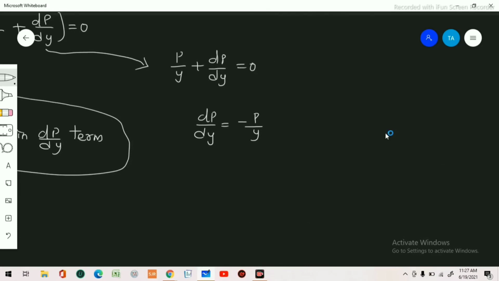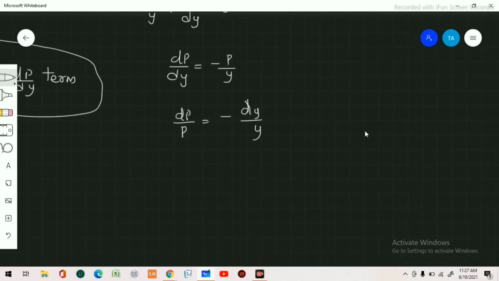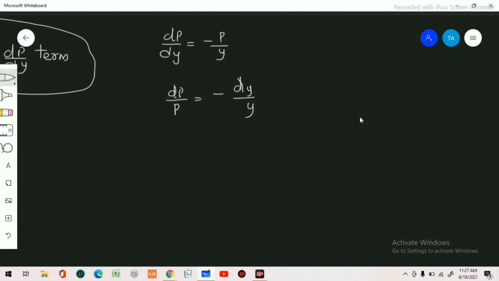So you write dp by p is equal to minus dy by y. What you have to do next? We need to find the value of p. To do that, we will integrate both sides. So integral of dp by p is equal to minus integral of dy by y.